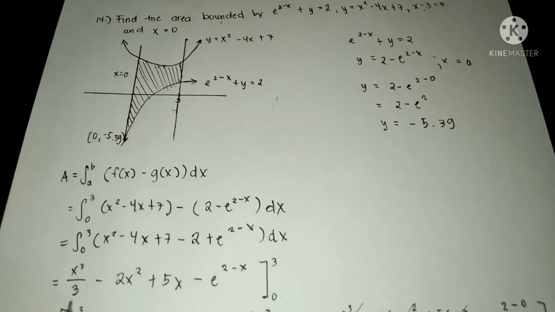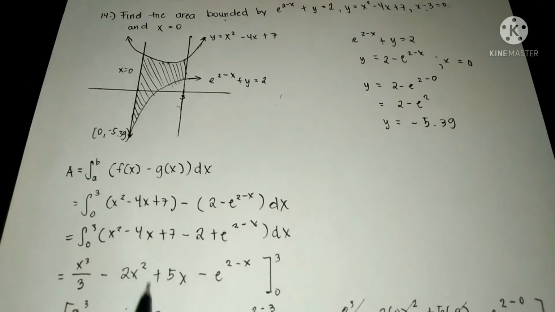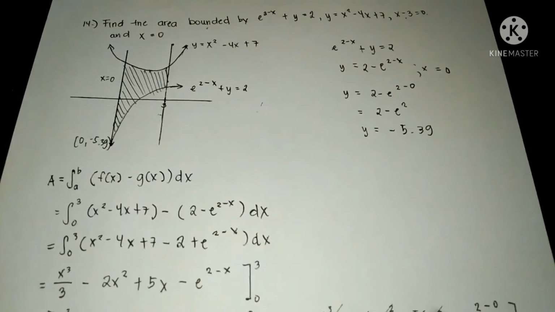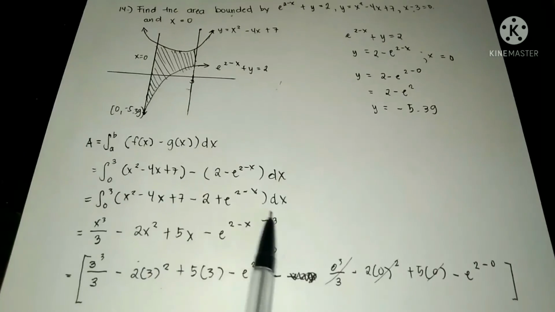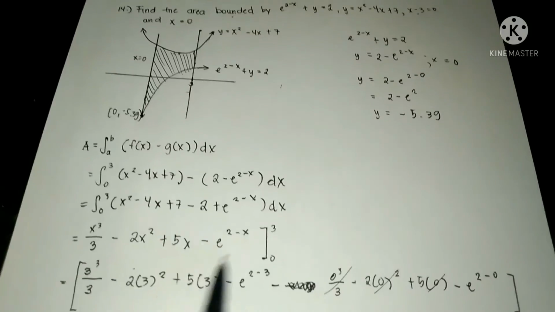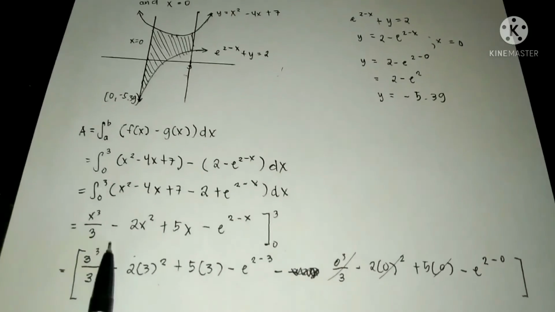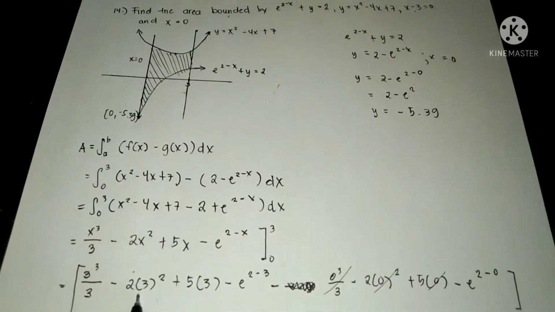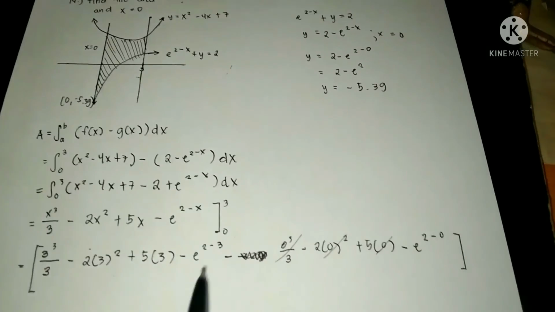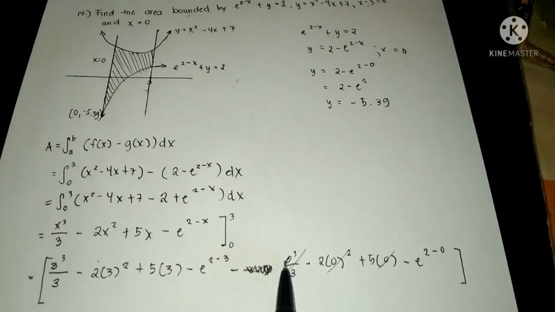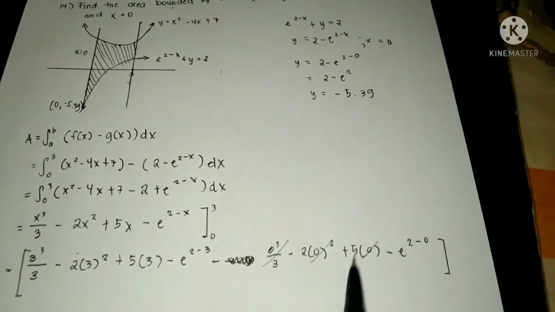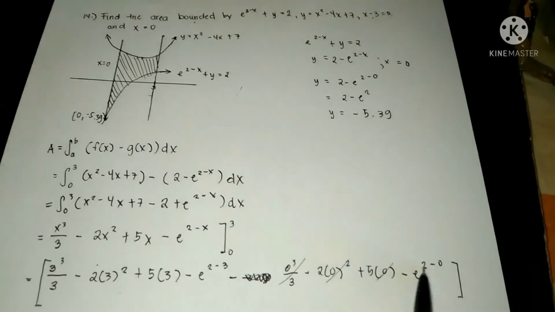So, integrate natin to. It will become x cubed over 3 minus 2x squared plus 5x minus e raised to 2 minus x. Then, the value of our lower and upper limit. So, substitute lang natin, plug in natin yung value ng ating lower and upper limit sa value ng x. So, it will become 3 raised to 3 over 3 minus 2 times 3 squared plus 5 times 3 minus e raised to 2 minus 3 minus 0 cube over 3 minus 2 times 0 raised to 2 plus 5 times 0 minus e raised to 2 minus 0.